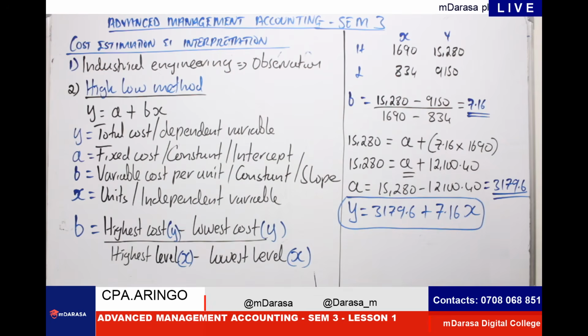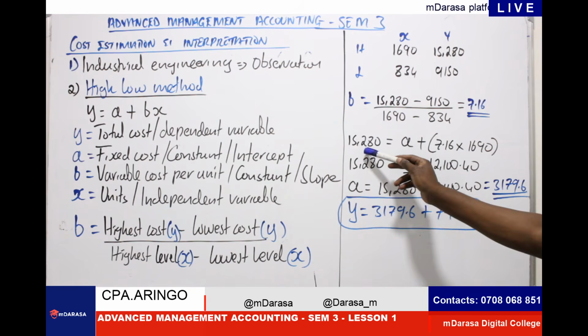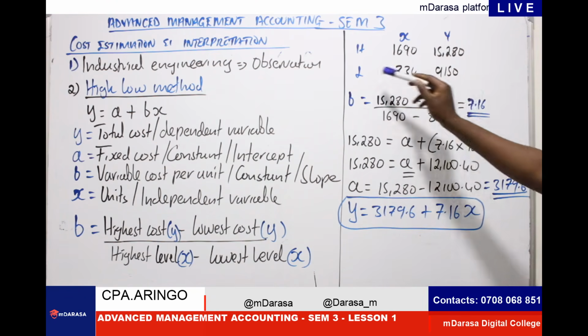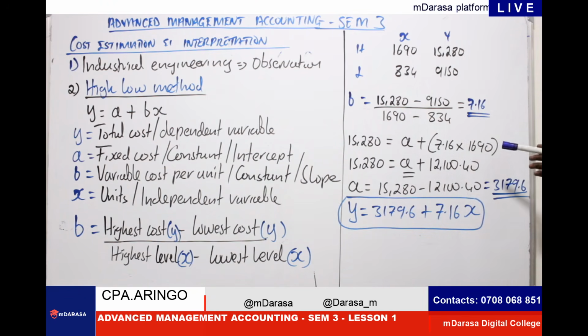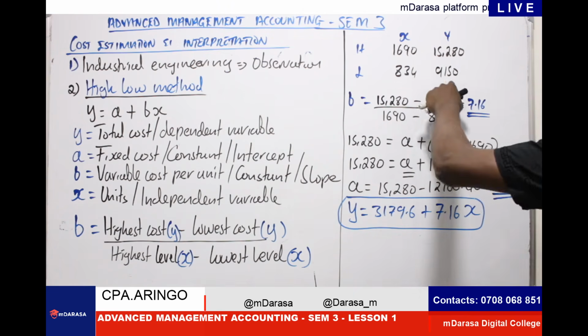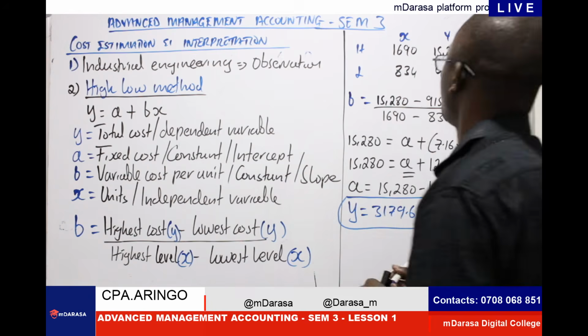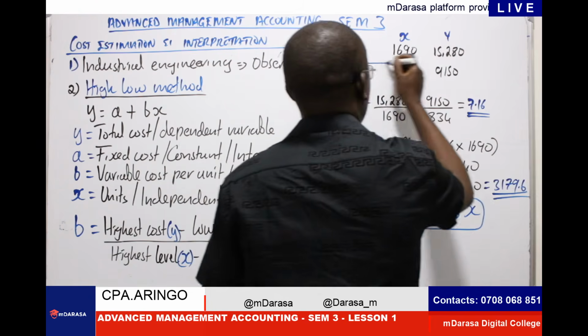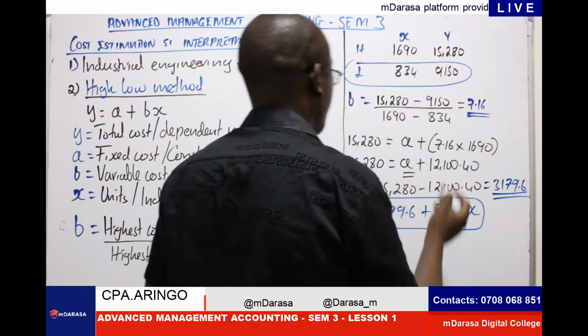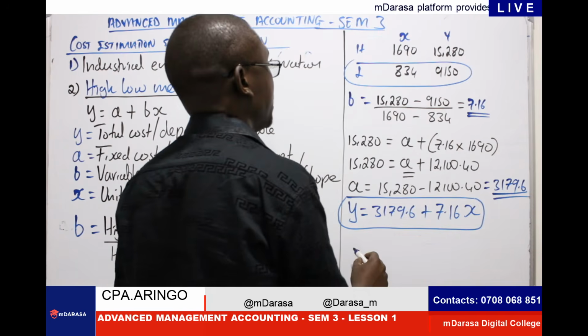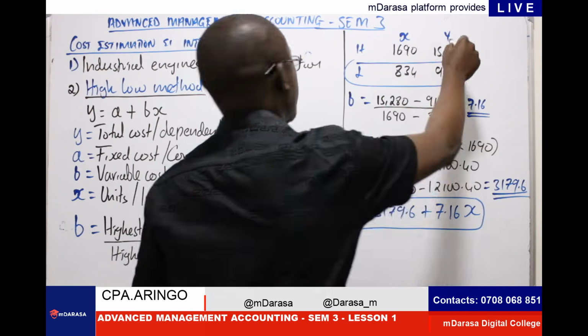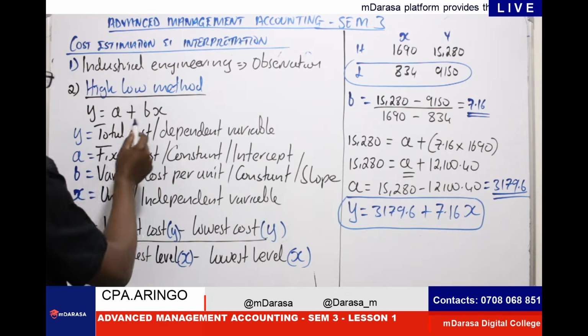Probably one will ask, Mwalimu, why have we taken the first equation? What if we could have taken the second equation, for the lowest? Could I be penalized? No, because if I told you to work with the second equation, the same case would apply: you take your second equation, so long as you know our equation is y equals a plus bx.